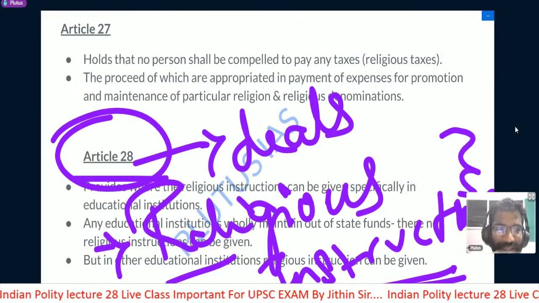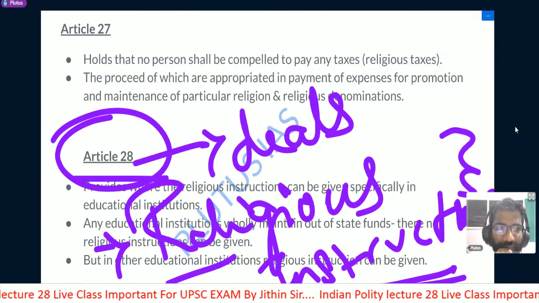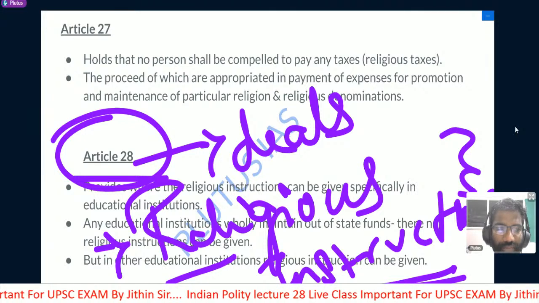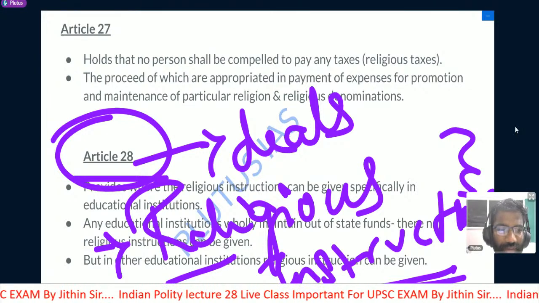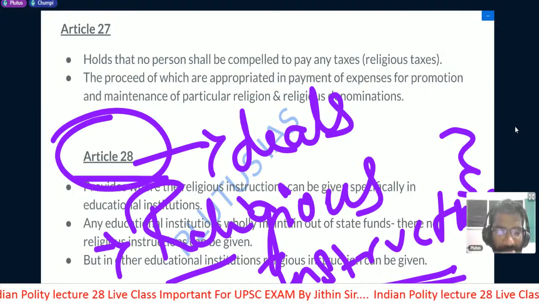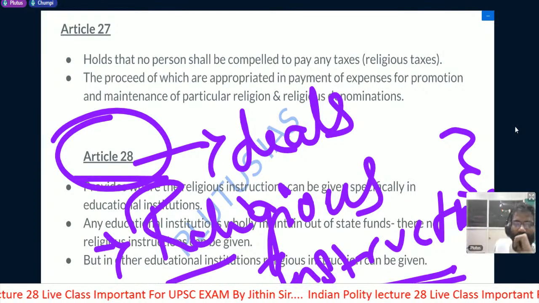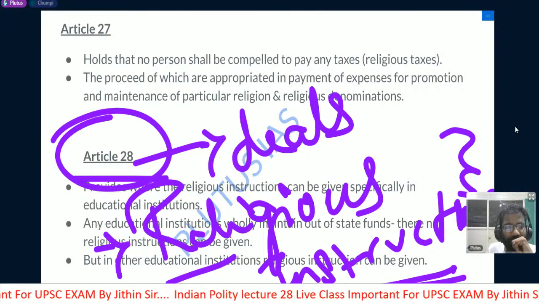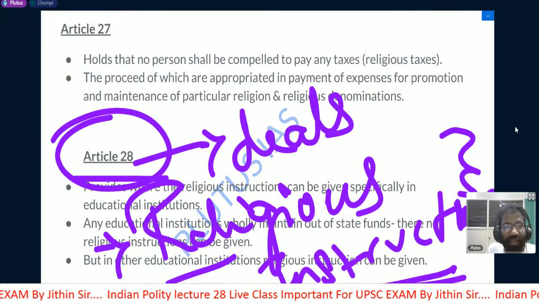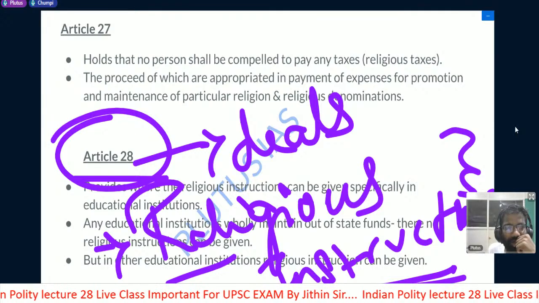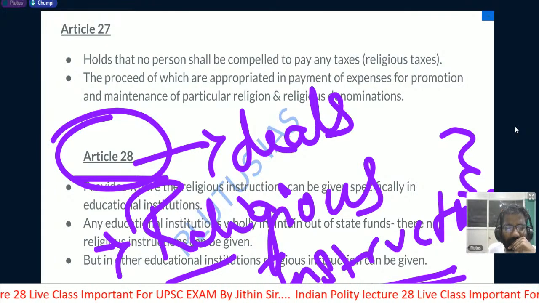Chumpi, repeat what I said. Chumpi, unmute yourself. Article 28 deals with religious instructions. So a particular religion gives the instruction or not.